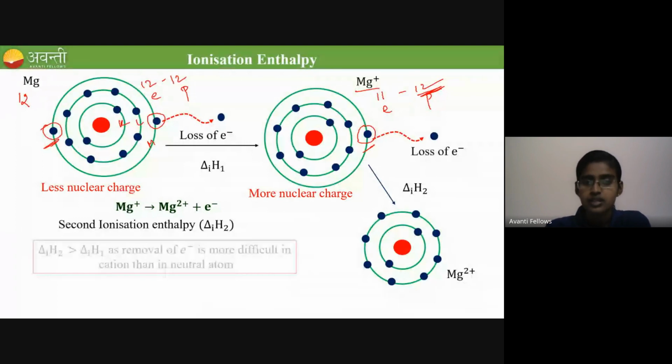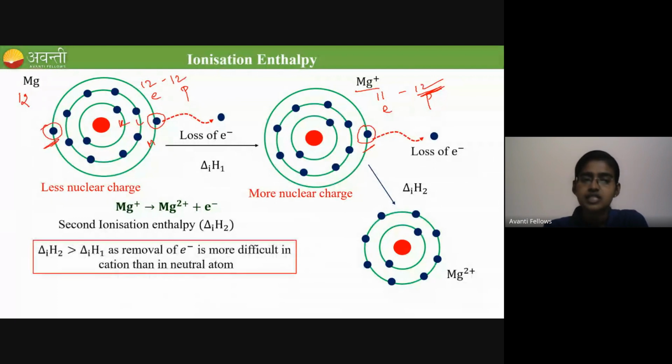So the second ionization energy is always higher than the first ionization energy, as the removal of an electron is more difficult in a cation than in the neutral atom. Magnesium plus is the cation and magnesium is the neutral atom. As we have already studied for size, the energy required to remove the electron from magnesium plus is going to be greater than for the neutral atom.